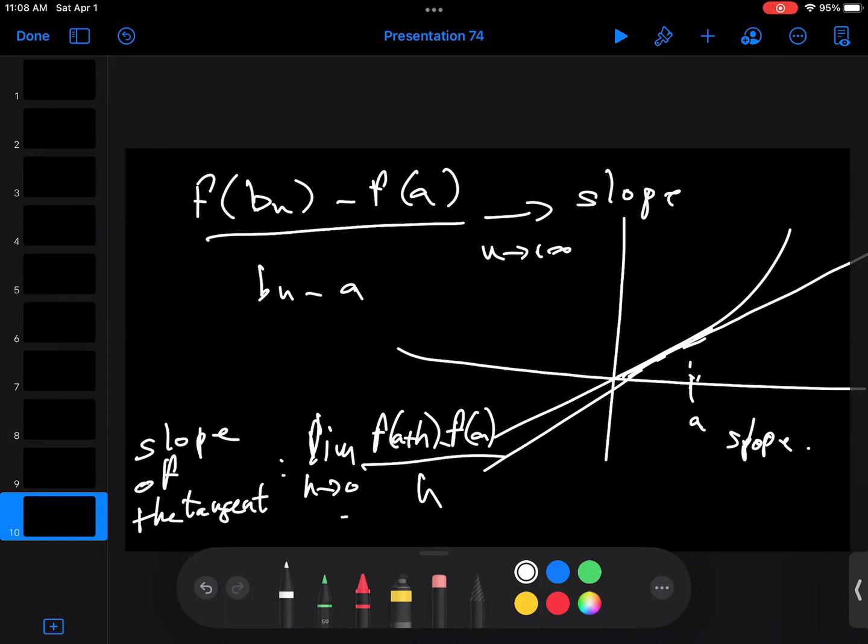And in fact, this slope of the tangent, we can write it f prime of A. So the derivative of f at the point A is defined by this limit. So this is a big idea of calculus. It's one of the big ideas.